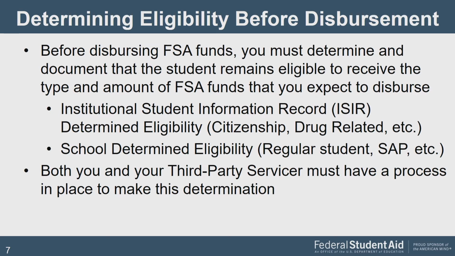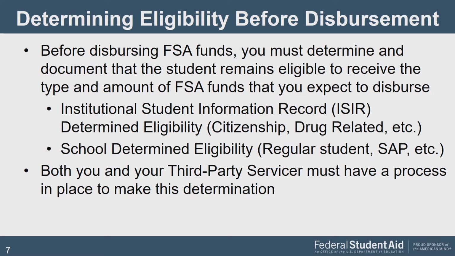So before you can actually disburse any Title IV funds, you have to make sure that student is still eligible. You're making sure that the ISR is valid, that there is an official EFC. I mean, this student could have been selected for verification, and that verification process could still be going on. There could be a code on there.